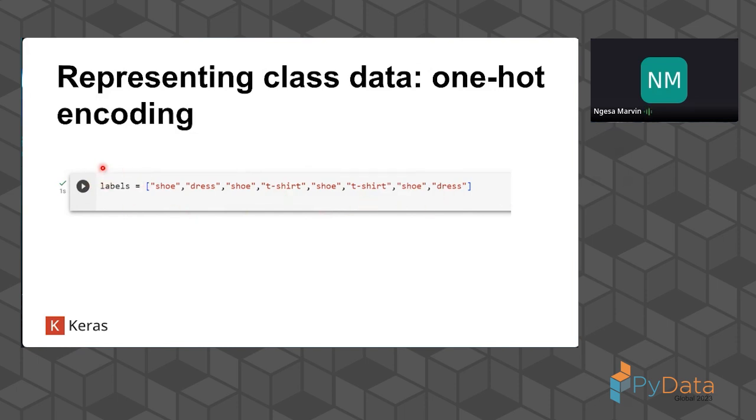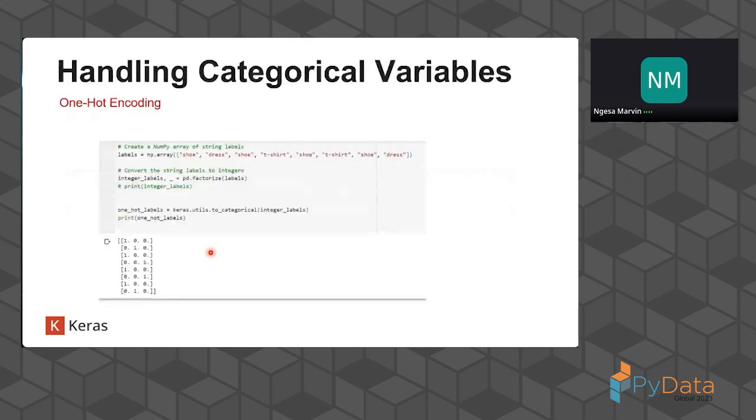So is there a way in which you can handle these categorical variables? Is there a way to convert all this into a number format and thereby approximate y as a function of x? Yes, you can do something called one-hot encoding, where in every part where you have a true value of something, let's say a shoe, you make that part hot.